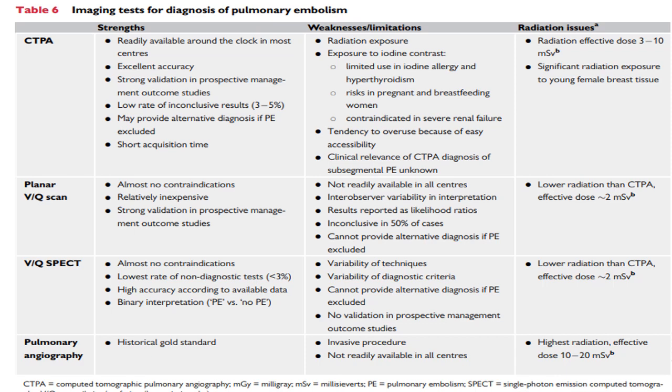As you can see in the planar VQ scan and the SPECT, we are exposed only to 2 millisieverts of radiation, on the contrary to the CTPA, which has 3 to 10 millisievert radiation, and the pulmonary angiography, which has even more radiation exposure, 10 to 20 millisievert.